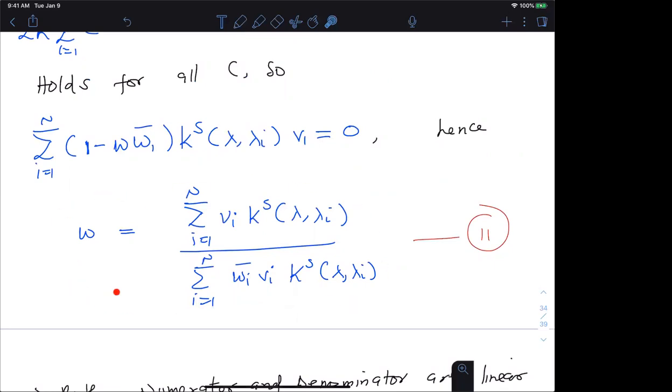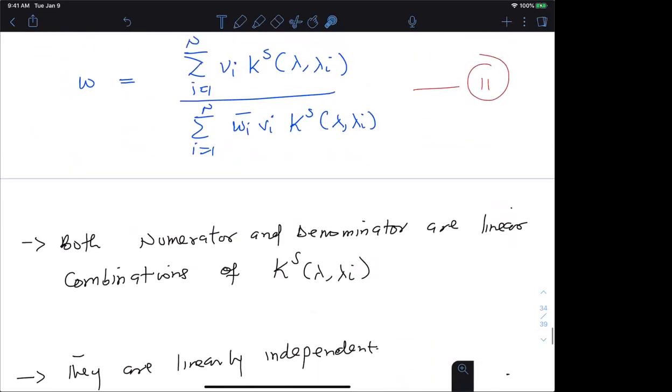So this is an explicit expression representing omega. And we see from this expression that it has these properties. Both the numerator and the denominator are linear combinations of the Szegő kernel, where v_i here is just the ith component of the vector in the null space of the Pick matrix.